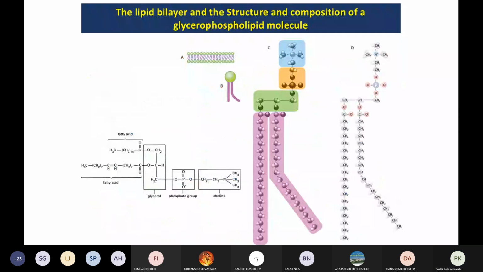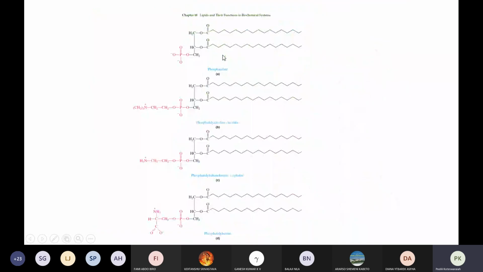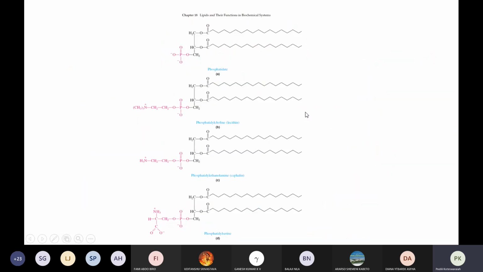Now, as I already said, we will discuss one by one, and the first one is the phosphatidylcholine. As I already said, when the phosphatidic acid is further esterified with the different nitrogen containing compounds, we get the phosphatidylcholine, phosphatidylethanolamine, phosphatidylserine, phosphatidylinositol, phosphatidylglycerol, and so on.